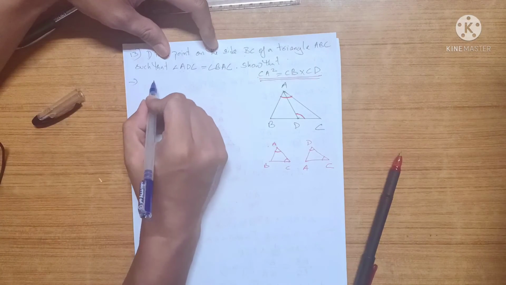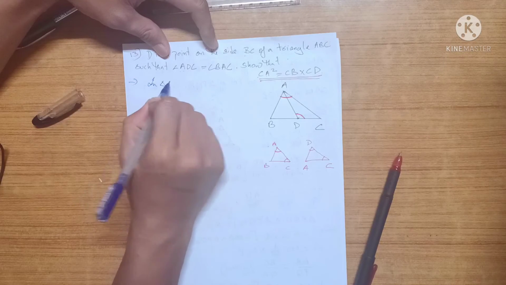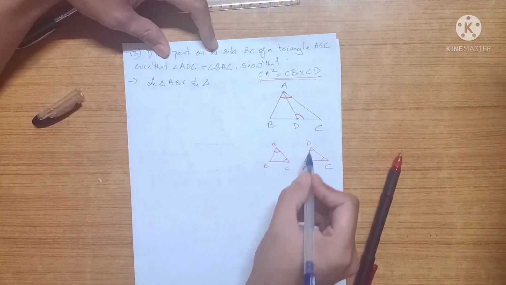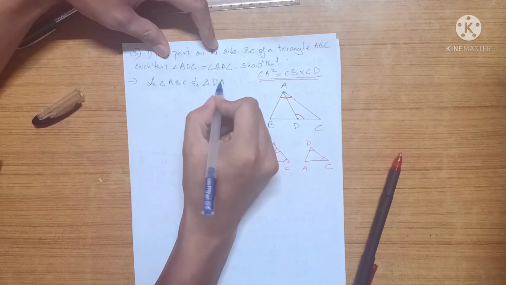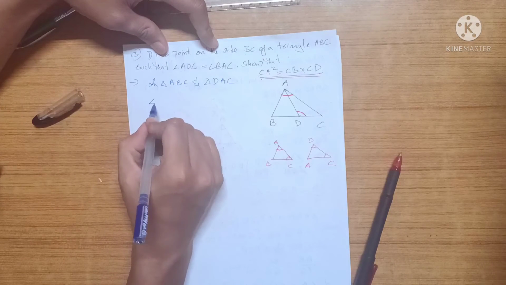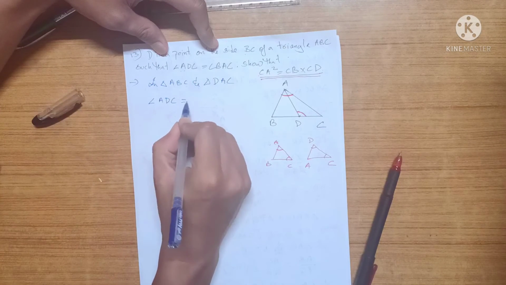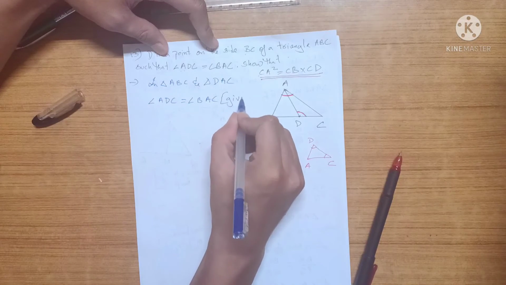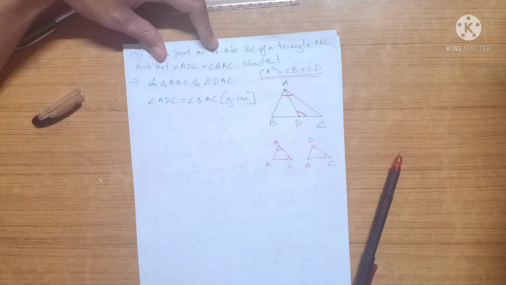Okay, in triangle ABC and triangle DAC, angle ADC is equal to angle BAC, which is given in the question, right?